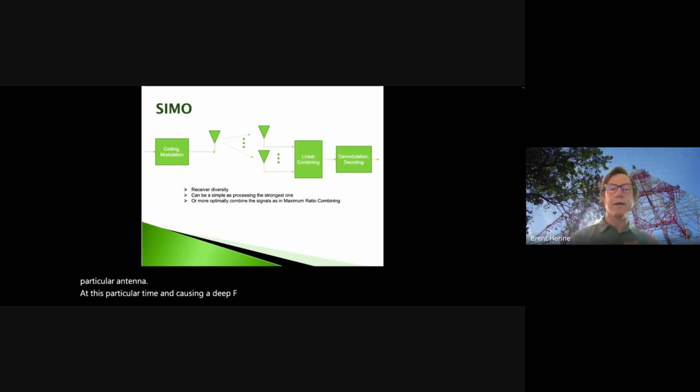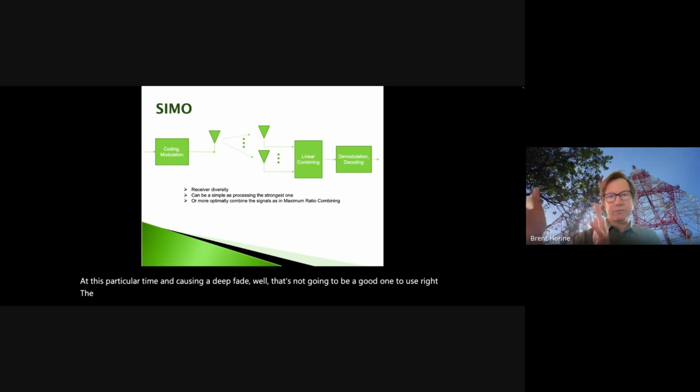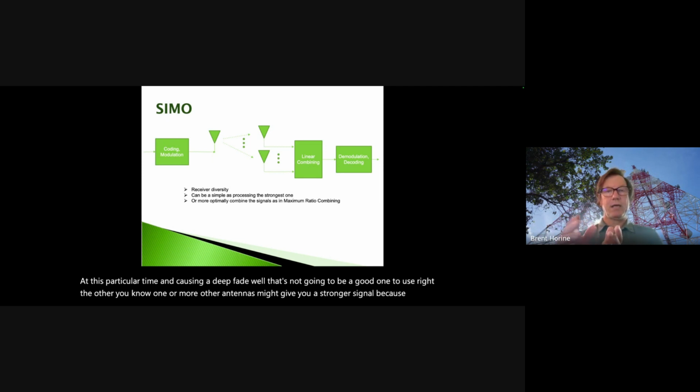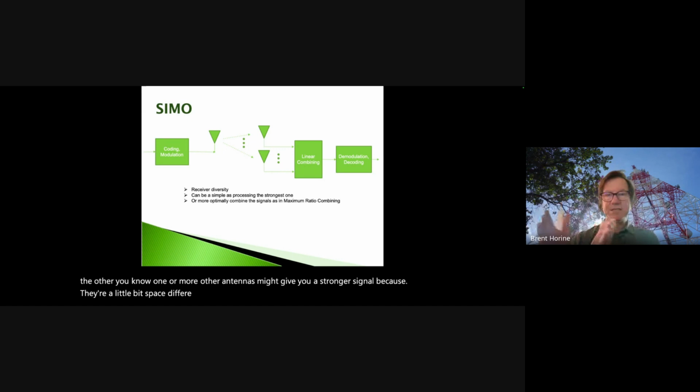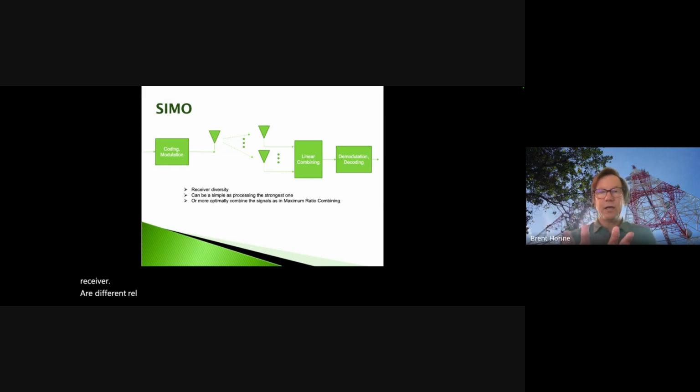Well, that's not going to be a good one to use, right? One or more other antennas might give you a stronger signal because they're spaced a little bit differently. So the phases of those different waves as they travel to the receiver are different relative to each other, and they might add together, or at least not cancel.